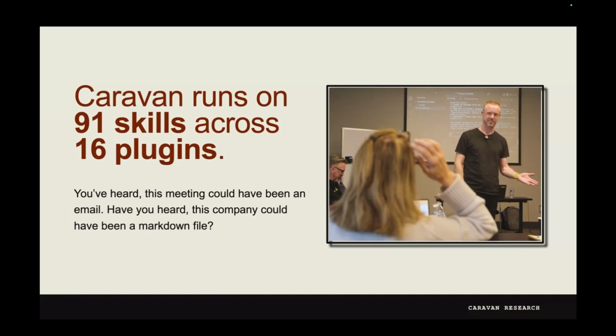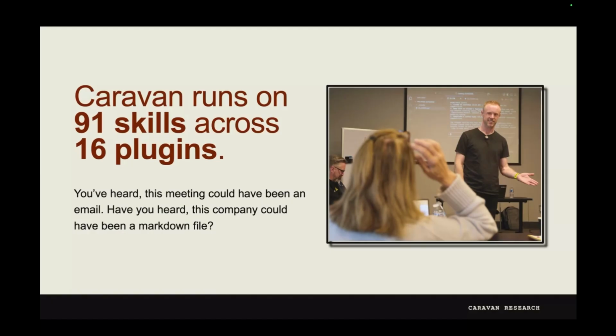But this is a thing we like to joke about. You've heard that this meeting could have been an email. With skills, you can imagine a world where this company could have been a markdown file. Extrapolate a couple years into the future: every piece of work that's done in front of a computer has a skill associated with it that's really dialed in. AI has access to the systems, the same systems you use.